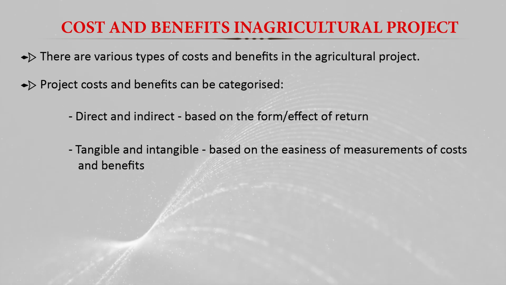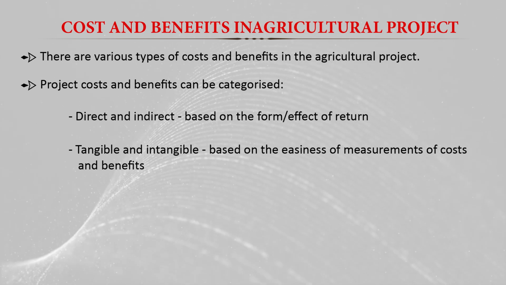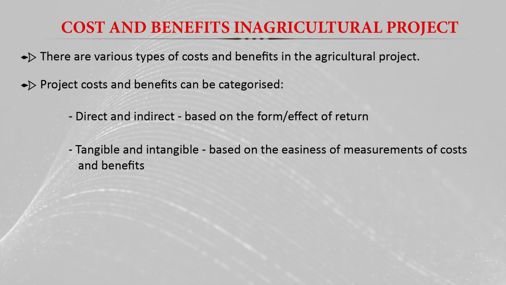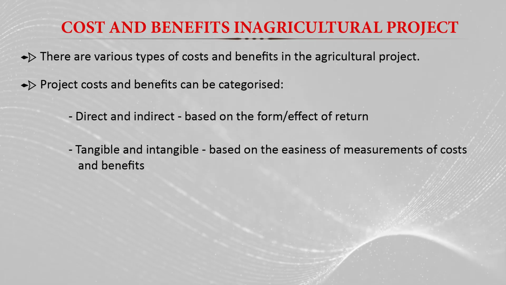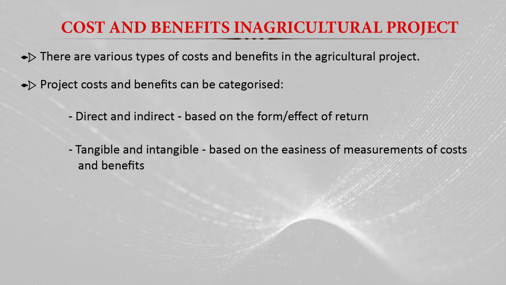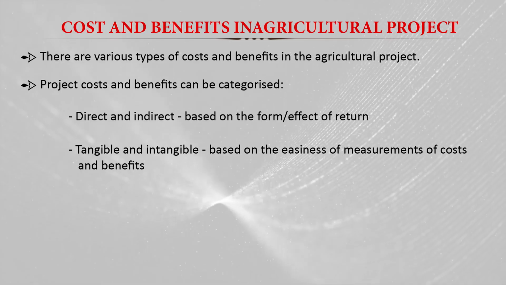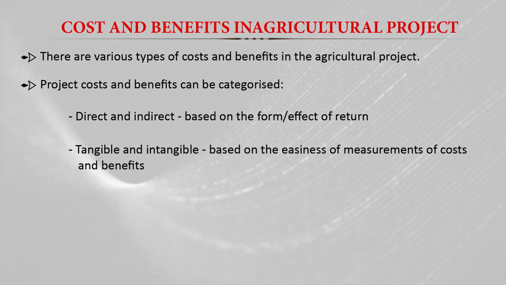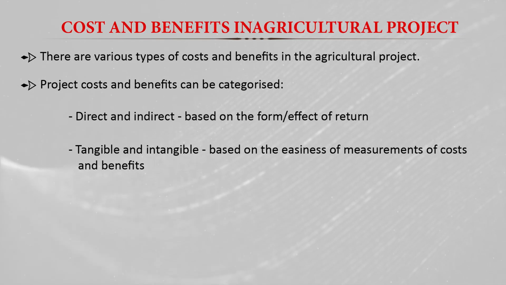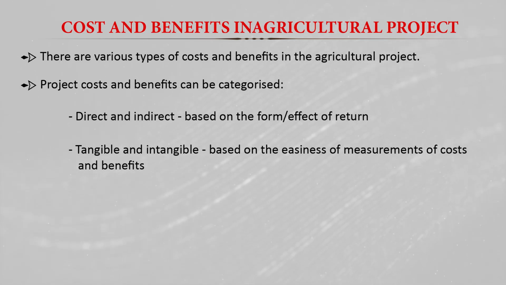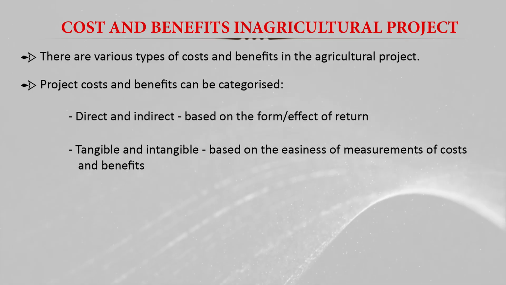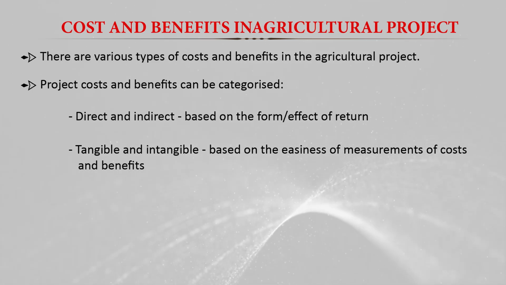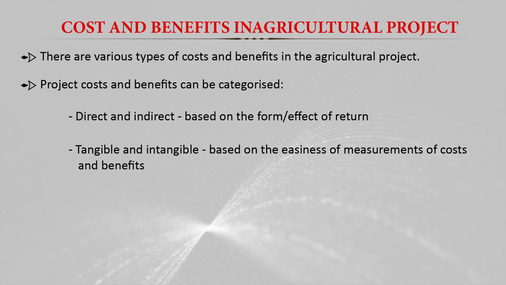Or sometimes there is some effect like development of a beautiful place due to increased availability of water due to the irrigation. That will be an intangible benefit. So based on the easiness of the measurement, we can classify the cost and benefit into tangible and intangible cost and benefit.